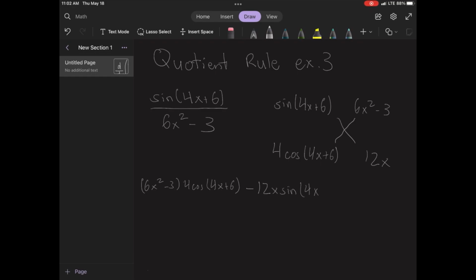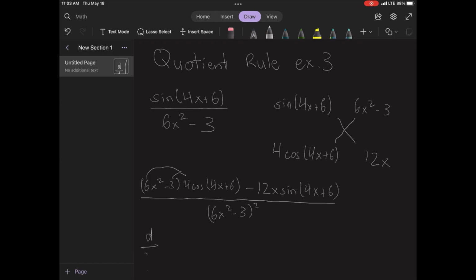Then you're going to square the denominator, which will be 6x squared minus 3, all squared. Then, just to clean it up a little bit, we're going to simplify the numerator by distributing the first term.